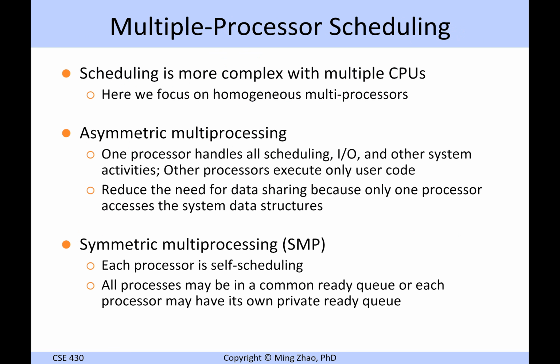But as I mentioned a few times in class, multiprocessing and multi-core are really important today, because that is how we can continue the performance growth of computers and follow Moore's law, by exploiting multiple processors and multiple cores.